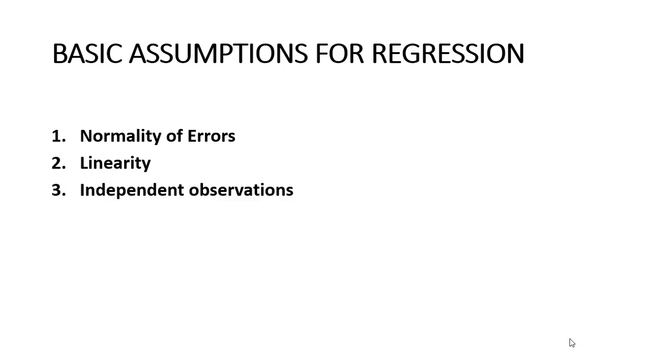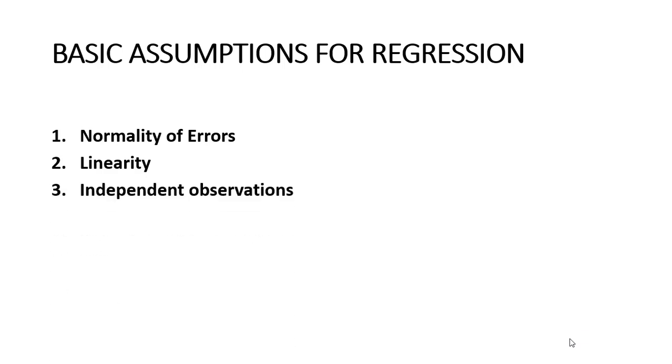Okay? Now, whenever we run a multiple regression, we need to make sure that we satisfy the following points. One, that we have normality of errors. We need to check that our errors are going to be distributed normally. We will see how we can test for this. Then you must check again that there is linearity.